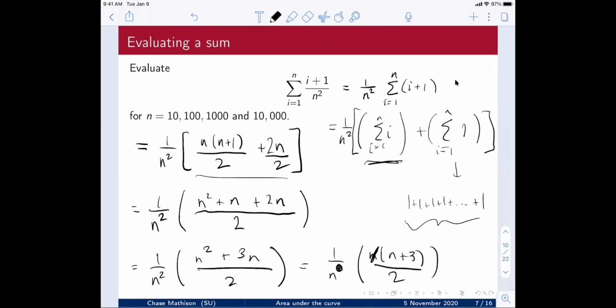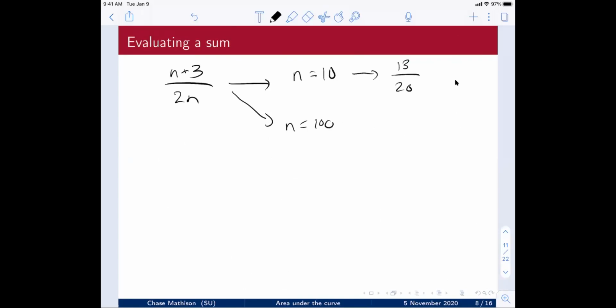When n is equal to 100, I get 100 plus 3, that's 103, divided by 200. This is about 0.515, or rather 103 over 200 is about 0.515.